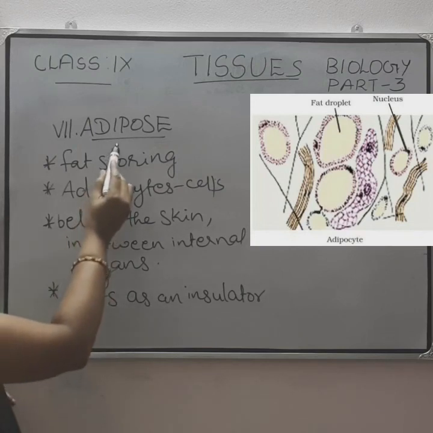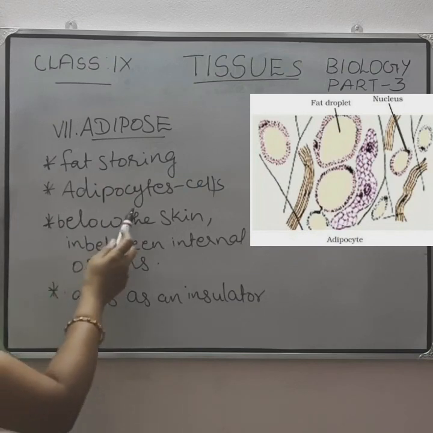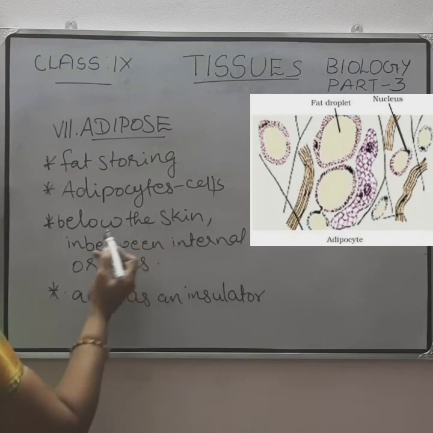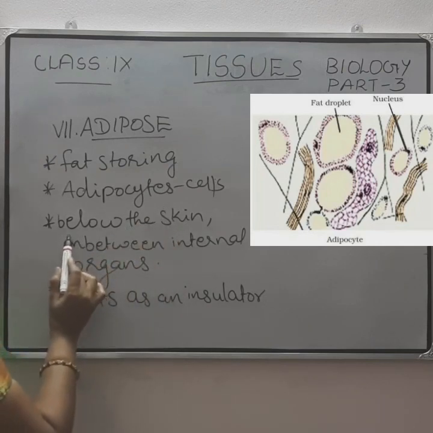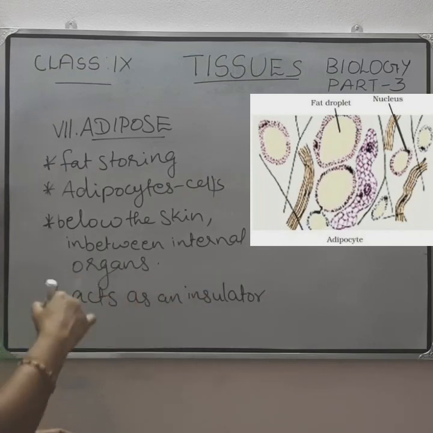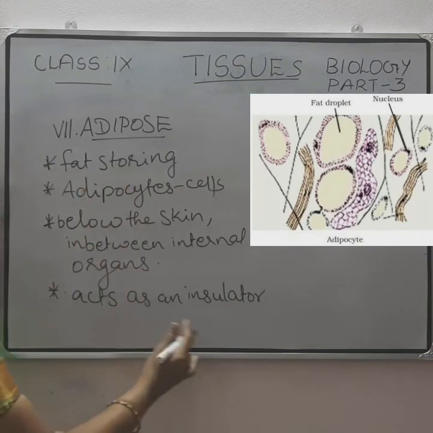So once again, adipose tissue is fat storing tissue and consists of cells called adipocytes, and these are present below the skin and also in between the internal organs, and it acts as an insulator in our body.